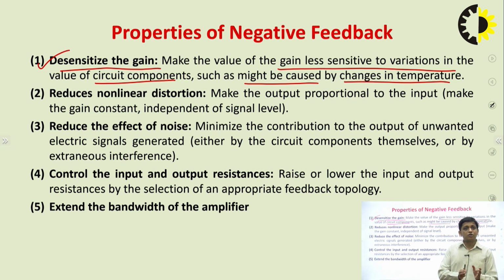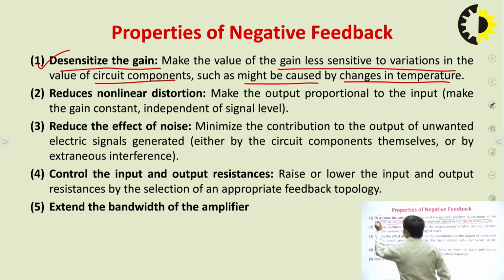But if the circuit component values change due to temperature, the gain should not change. The gain should be independent of the change in the value of the circuit components when there is a change in temperature. So by applying negative feedback, the gain becomes less sensitive to the variations in the value of circuit components. That is one advantage.